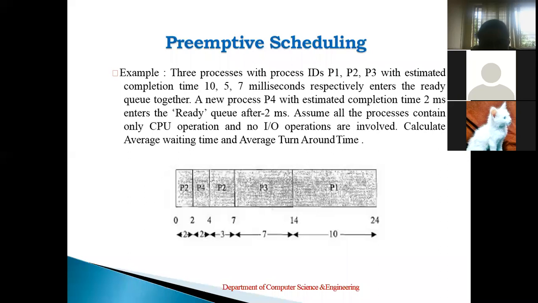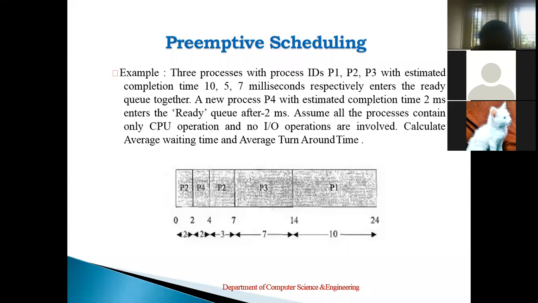Tell me. How many processes are executed before it? 3. How come? P2, P4 and P2. Both P2 are the same. So there are 2 processes.